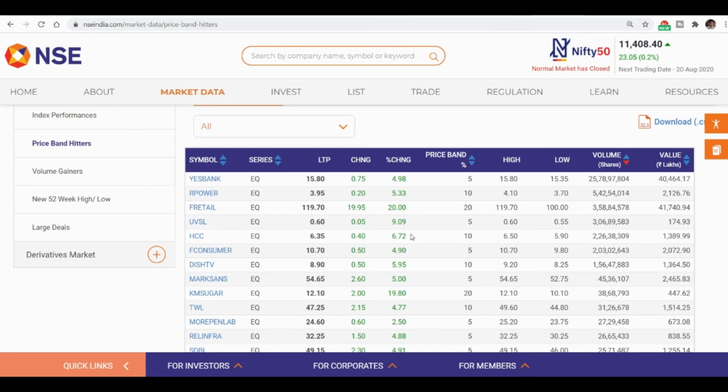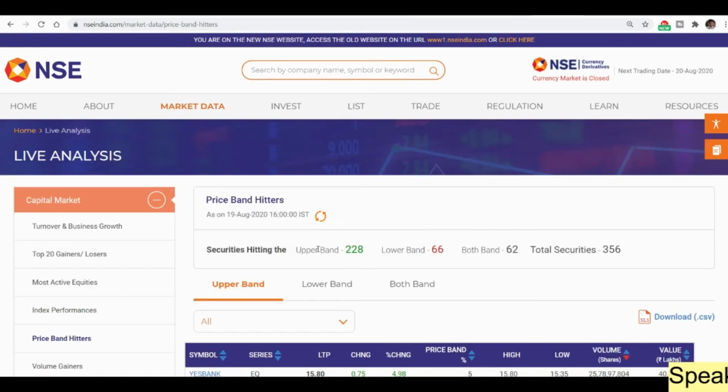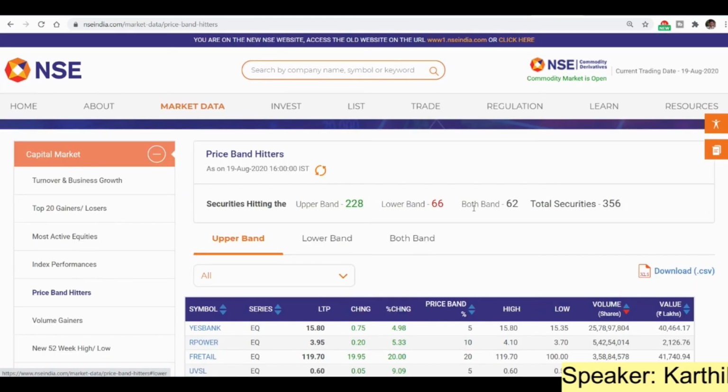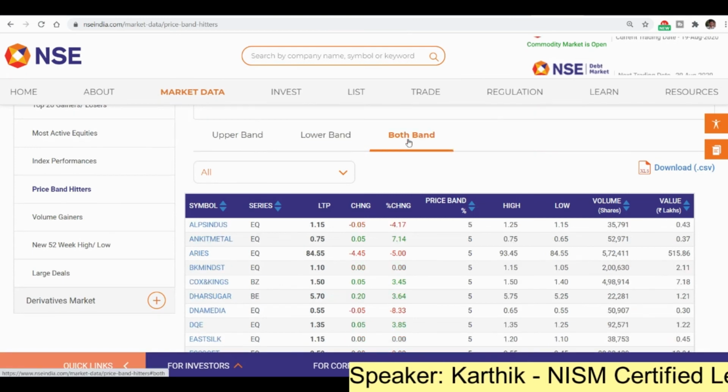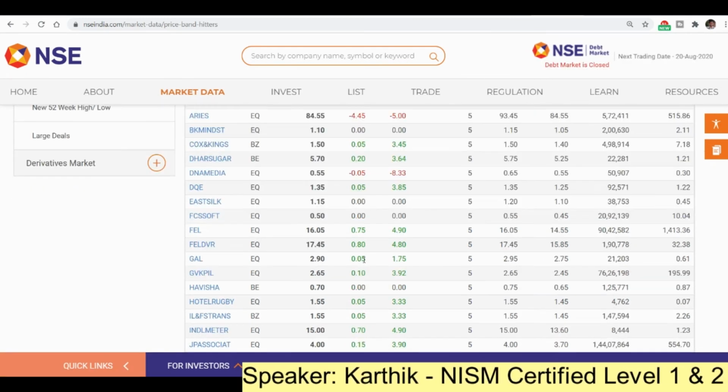So this is one way where you can know the circuits in the upper band and lower price band. Here you can also see the lower price band, and a stock that hits both price bands will oscillate between the upper and lower immediately.